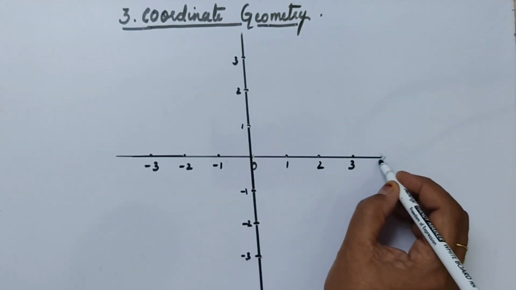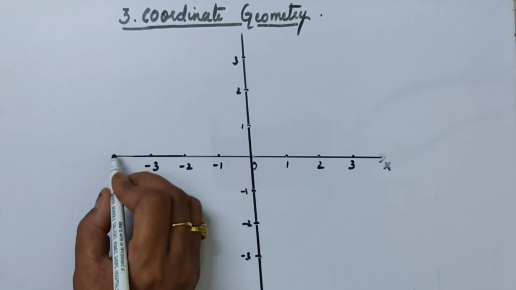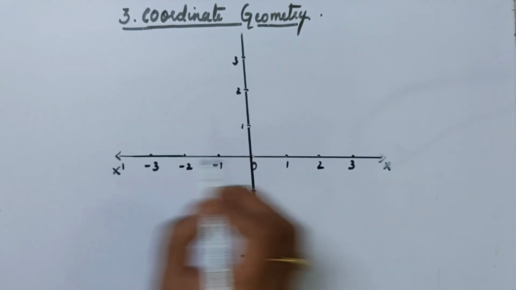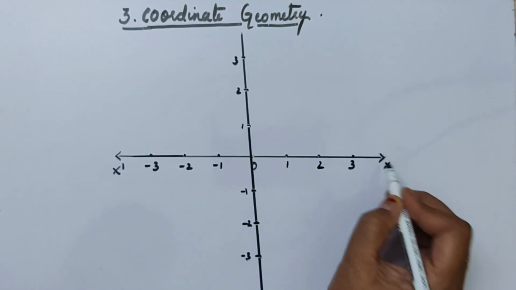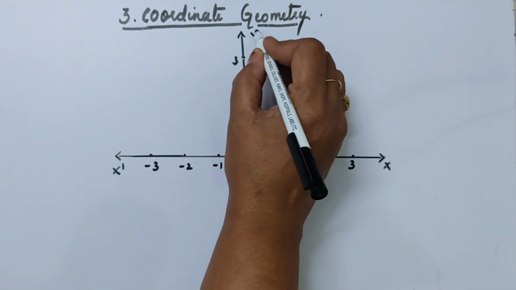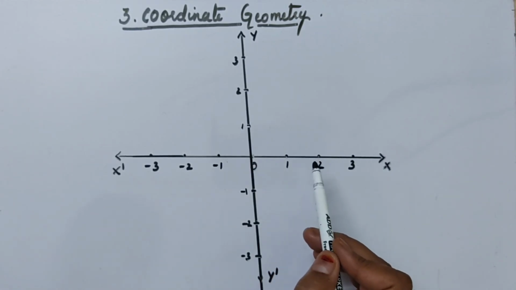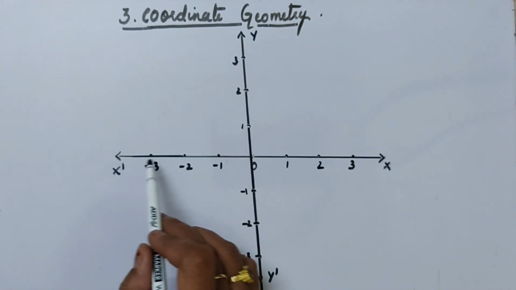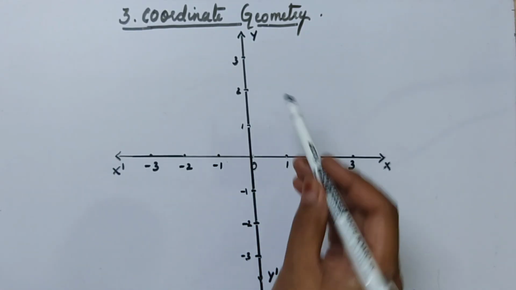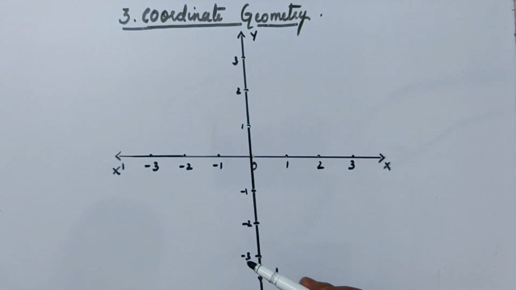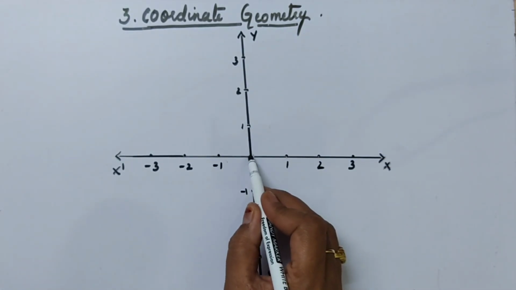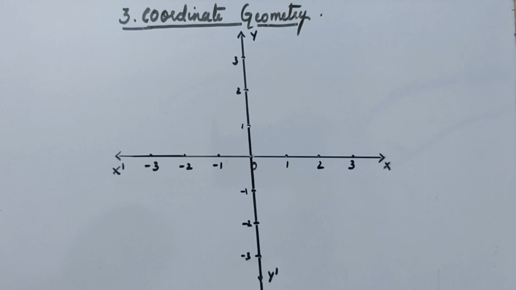So we name this as x, x dash, and this will be y, y dash. The point where x, x dash and y, y dash cross is called the origin. I hope this is clear.